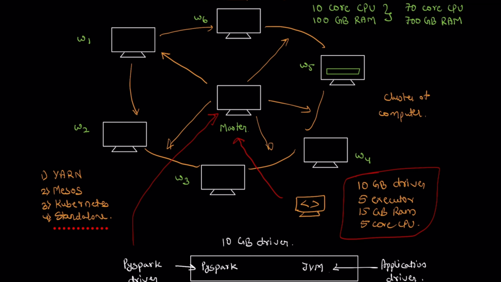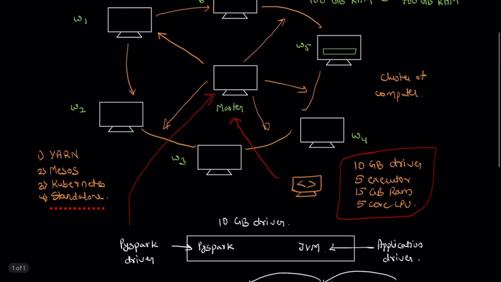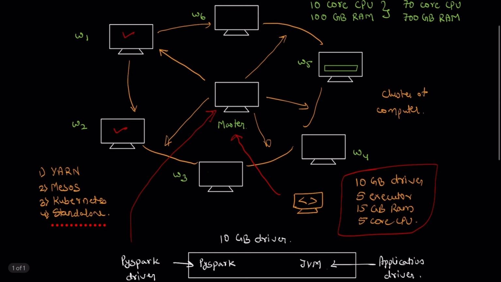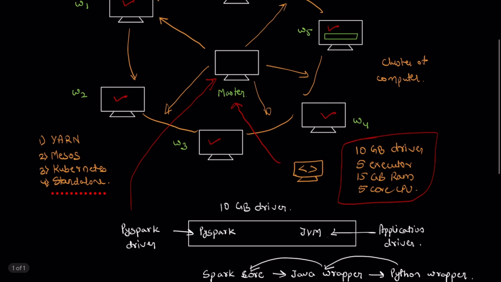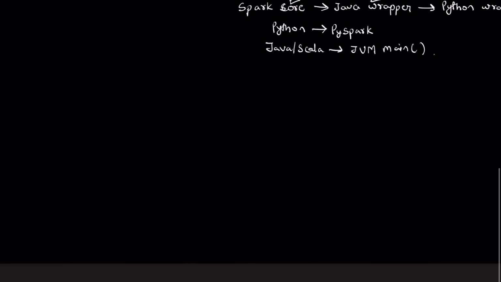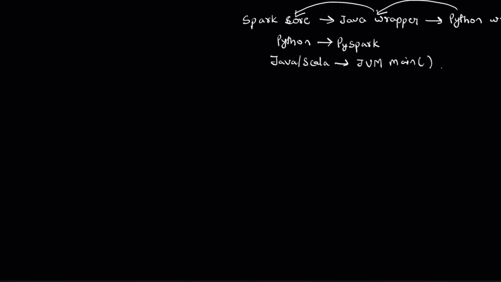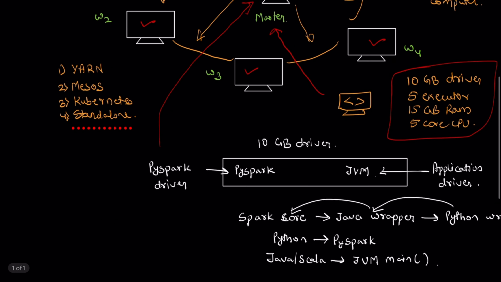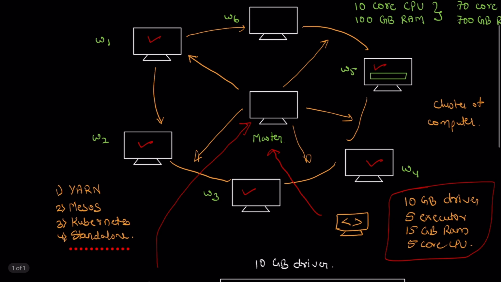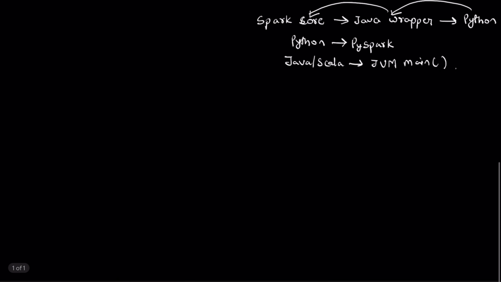Let's say the master node selects W2, W1, W3, W4, and W5 as our executors. So 5 executors of 15 GB RAM would be created within those. So we have chosen W1, W2, W3, W4, and W5.